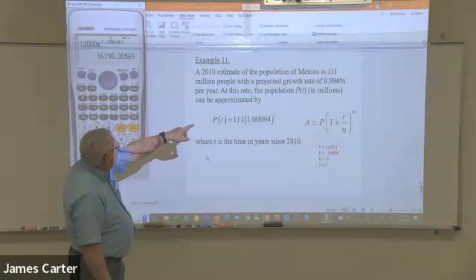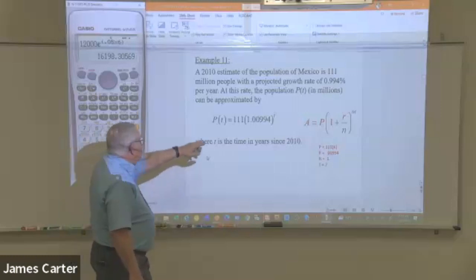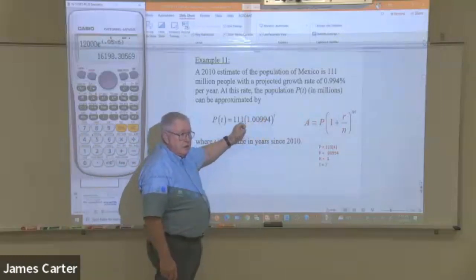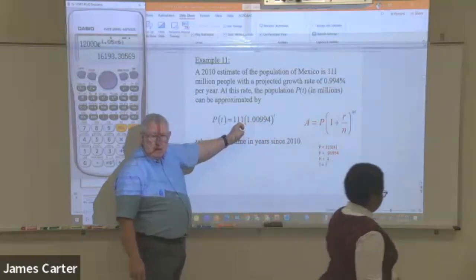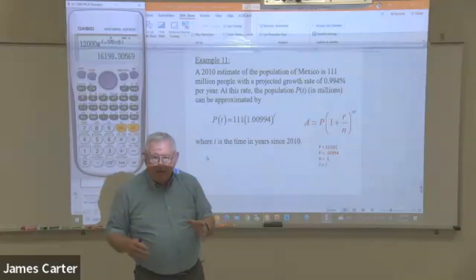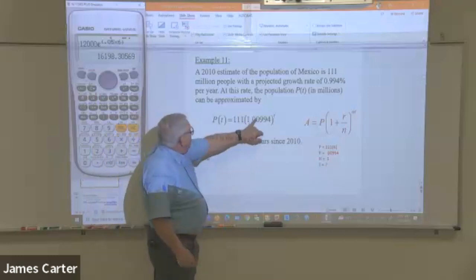Estimate of population is 111 million. Okay, they're just not stringing on the 6 extra zeros. They're working this in millions, knowing that there's 6 extra zeros behind that. Now, what is this?